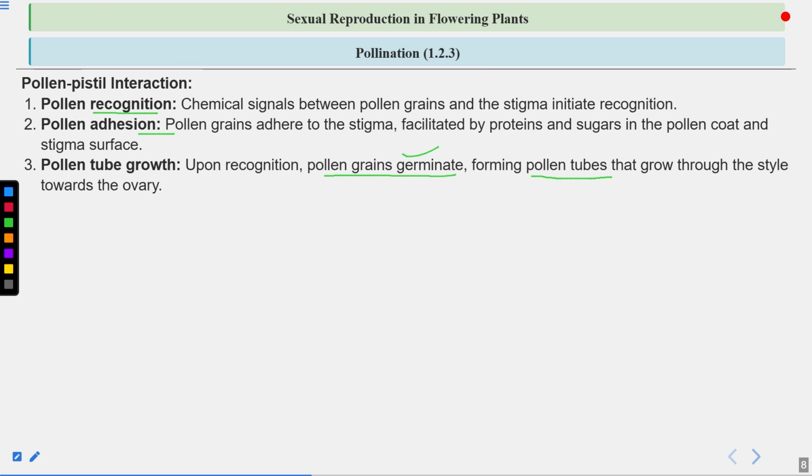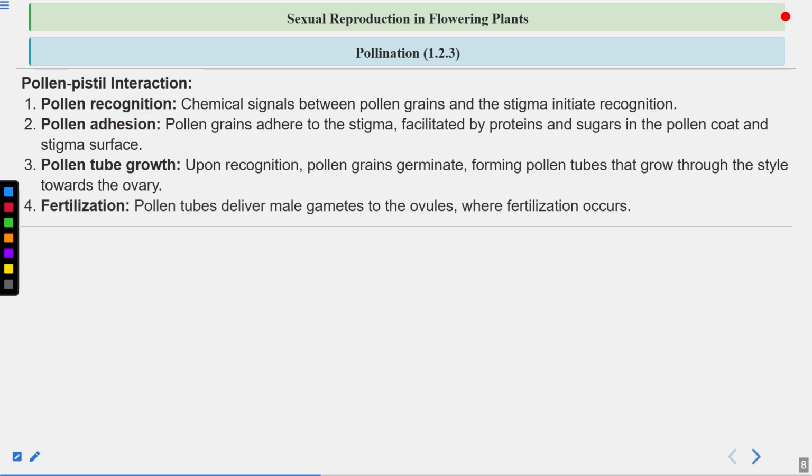The exine is made up of sporopollenin, but at some places the sporopollenin is very less or absent. When it is absent at one particular point or two or three points, that point is called a germ pore. And from that point only, the germ tube emerges out.